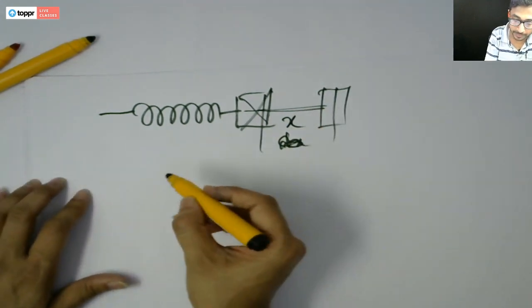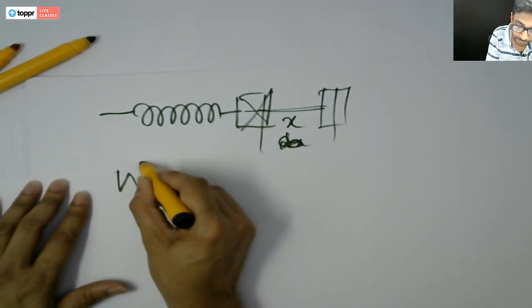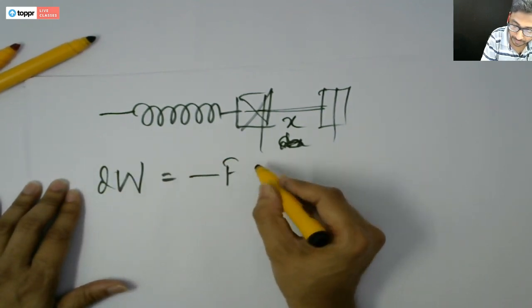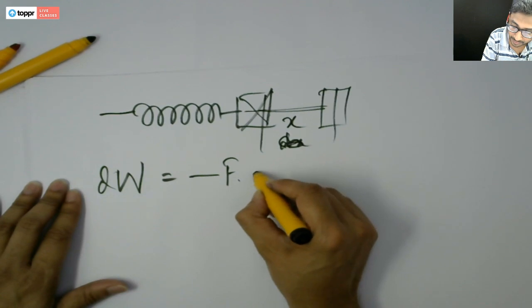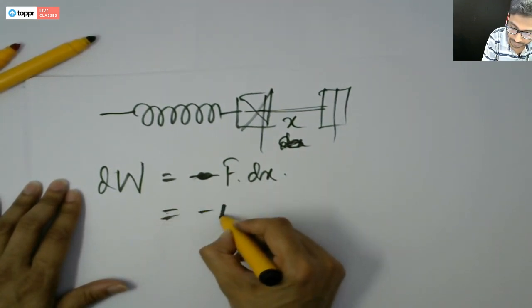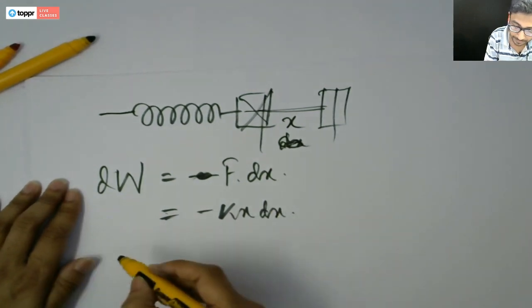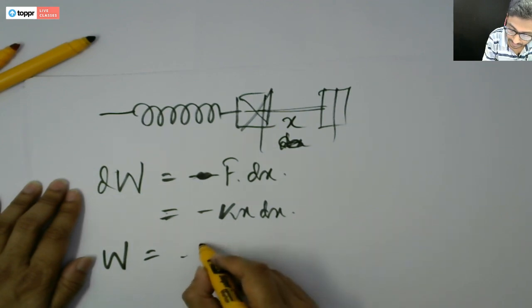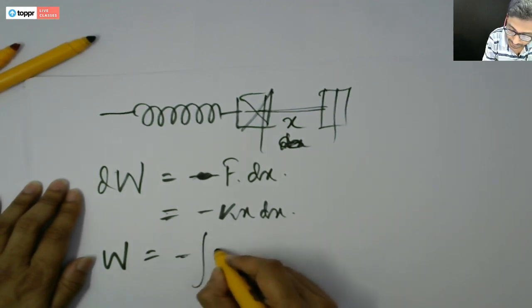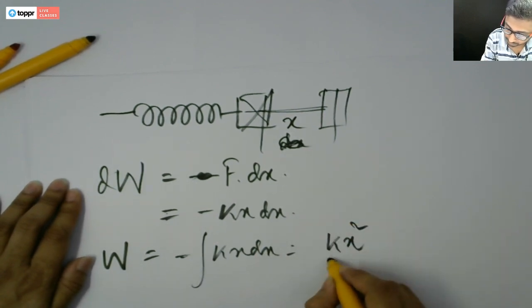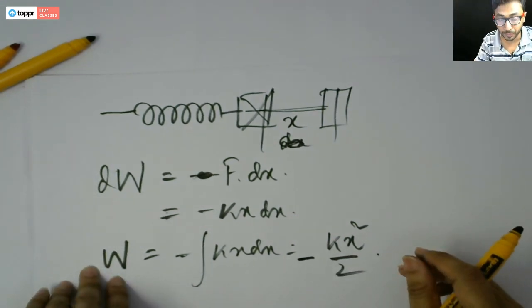Displacement x. So dW equals minus F dx, sorry, it's minus kx dx. So work is nothing but, if we integrate, it is minus kx square by 2.